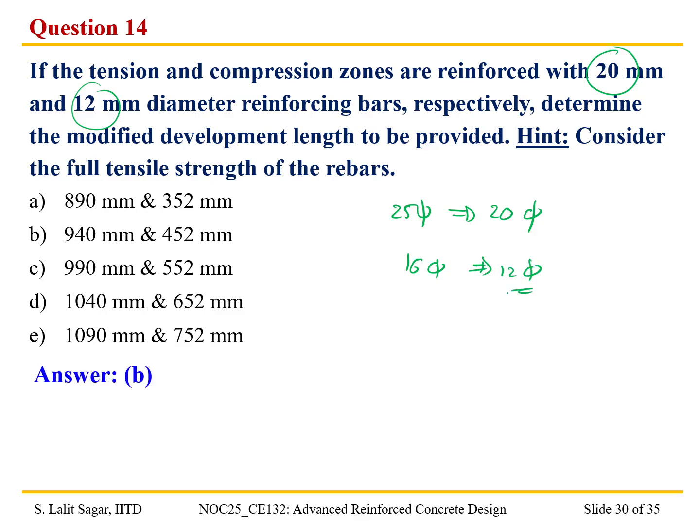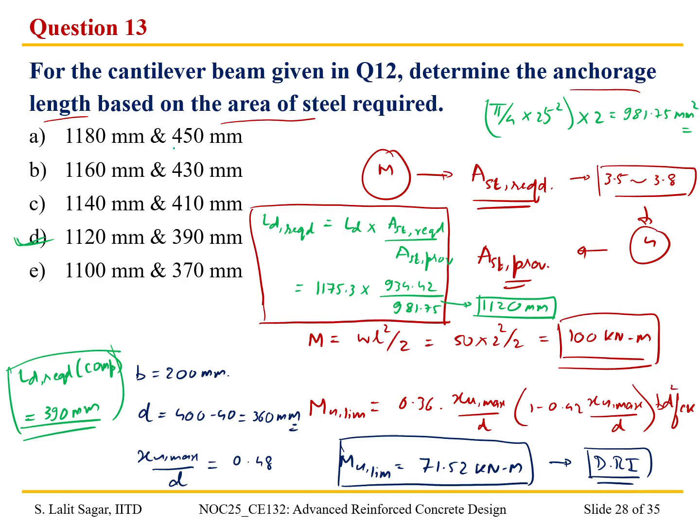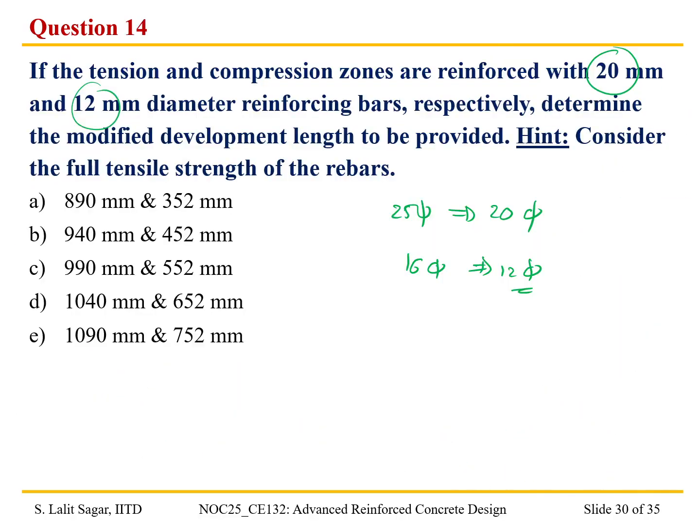We are going to consider the same equations, that is 5 sigma s by 4 tau bd. I'm going to do for tension, then you can figure out the compression yourself as homework.